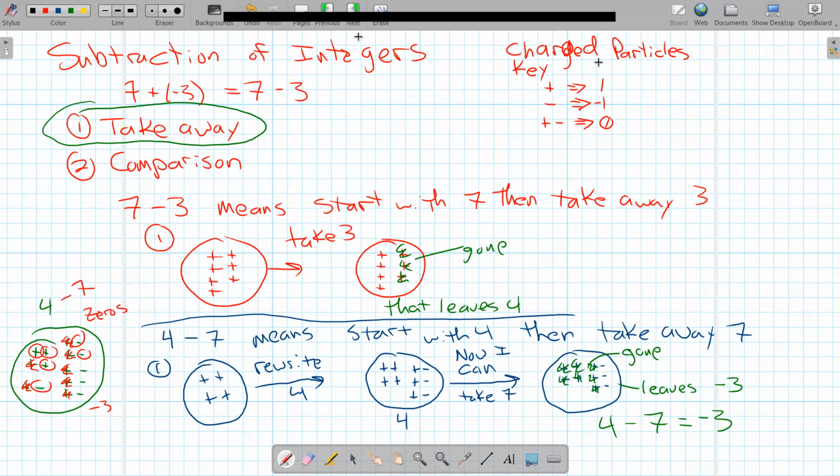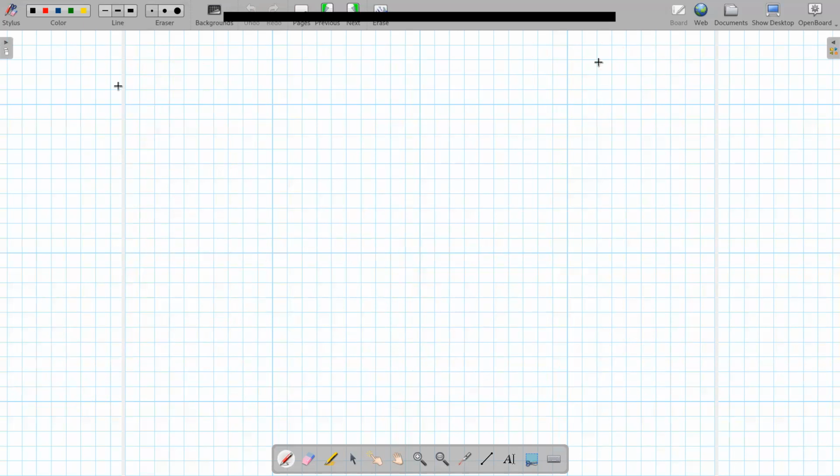All right, how does comparison work? Four minus 7. So what I want to do is I have to compare the whole second number with the first number. So I have to see 7 here to do that comparison.